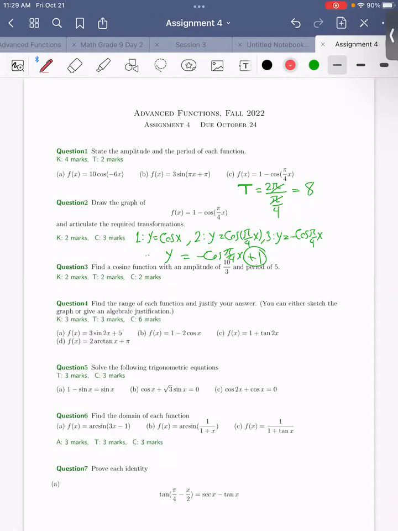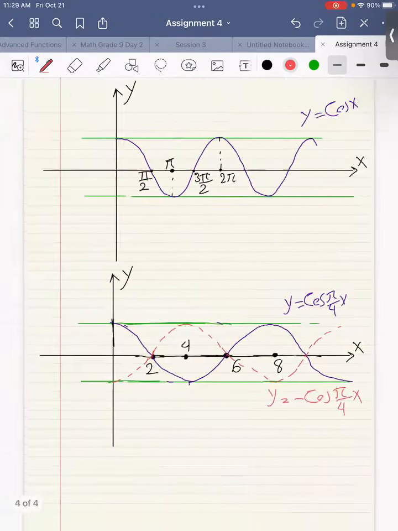And for question 4, you can either draw the graph or you can use the fact. So for instance, let me just pick something random. If you have a function like f of x equal to 4 times sine of 3x plus 10, something like this, you can find the range by algebraic justification.